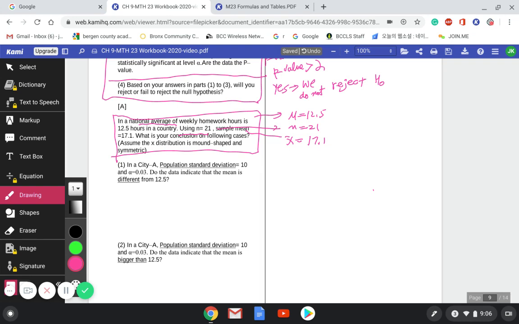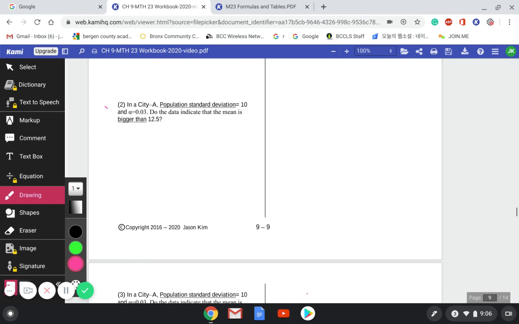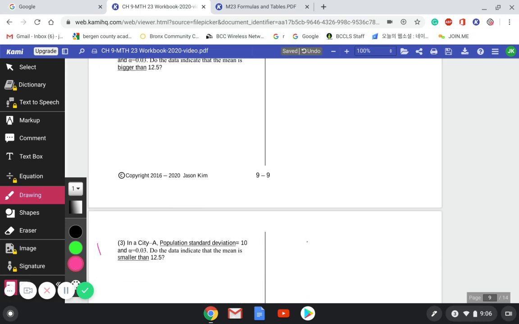From the condition, I made it into 3 different types of questions. We are not going to do all 3 when they ask for the question. The question usually comes with 1 of the conditions, but I just wrote down 3 to compare the difference between the questions. So we are going to do number 3 first, because that's easiest for me.